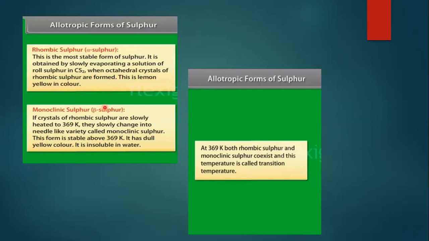Now the monoclinic sulfur. If crystals of rhombic sulfur are slowly heated to 369 Kelvin, this slowly changes into a needle-like structure and that variety is called monoclinic sulfur. This form is stable above 369 Kelvin. This is dull yellow in color and it is insoluble in water.